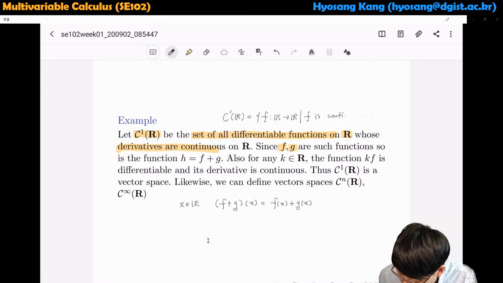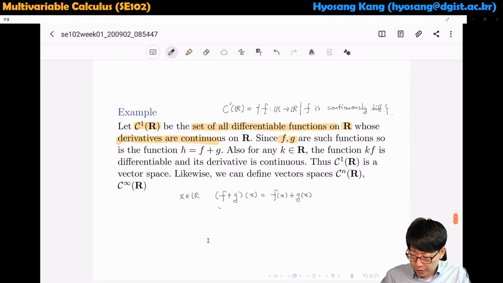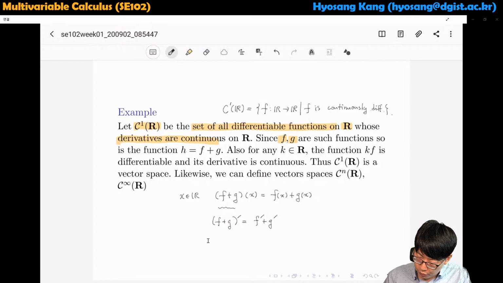Now, if you define your f plus g as this function, it's obvious that f plus g is also a differentiable function, because the derivative of f plus g is the same as the sum of the two functions f prime and g prime, right?